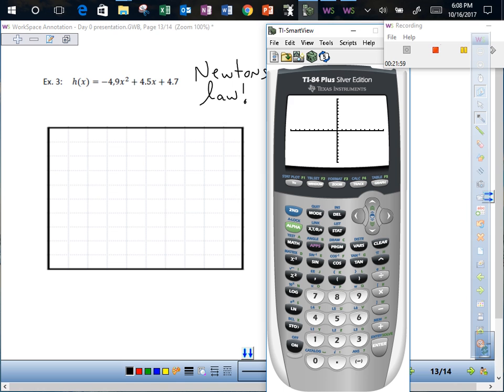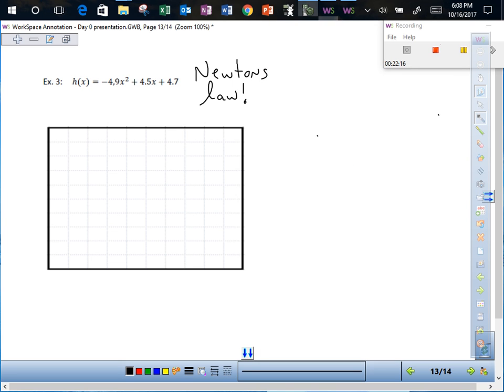Now, remember, time can't be negative, so I don't need much over here, guys. I really don't need anything at all. I'd like to get this to fit. So some important things on this graph: I need to find the vertex, and I need to find that x-intercept.